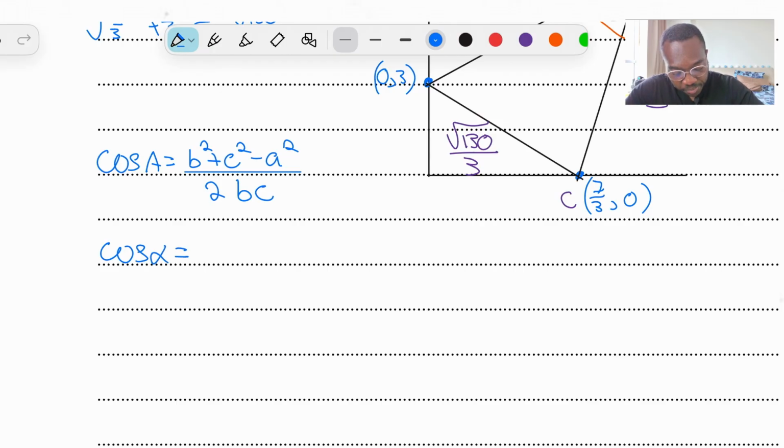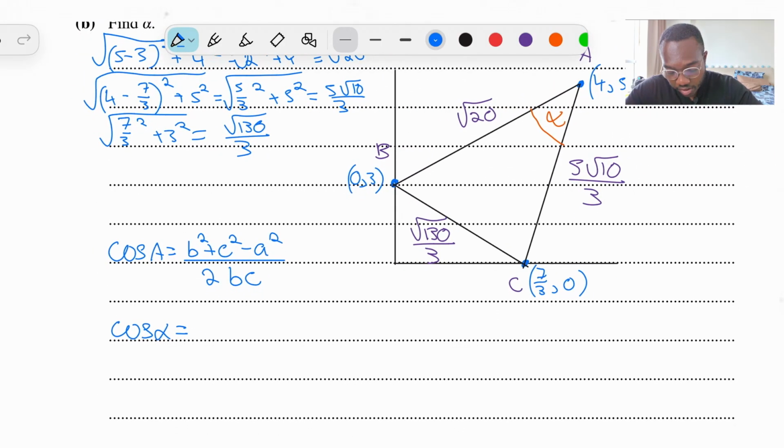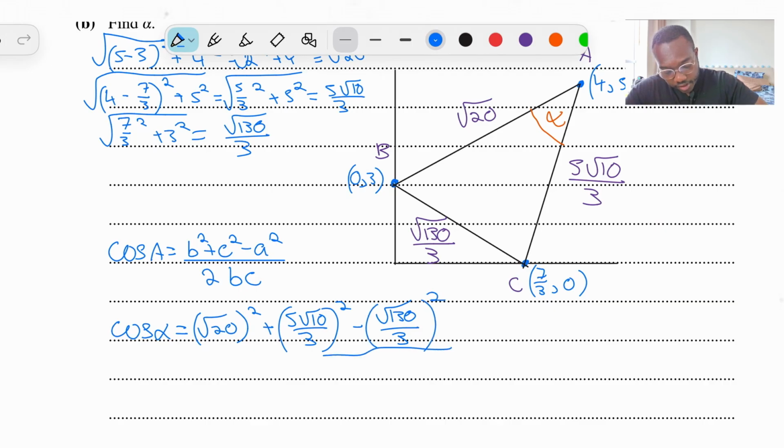That would equal root 20 squared plus 5 root 10 over 3 squared minus the square root of 130 over 3 squared, over 2 times root 20 times 5 root 10 over 3.